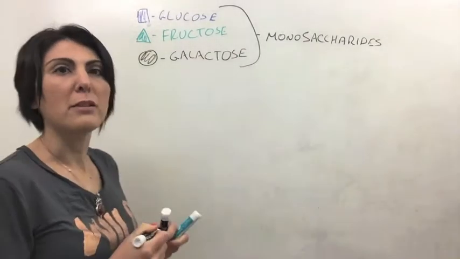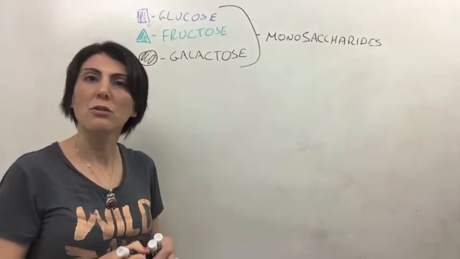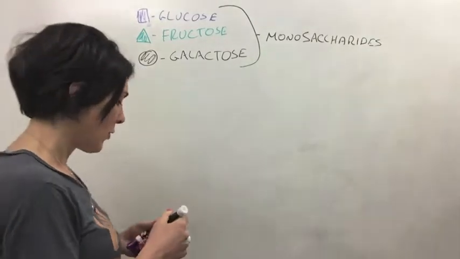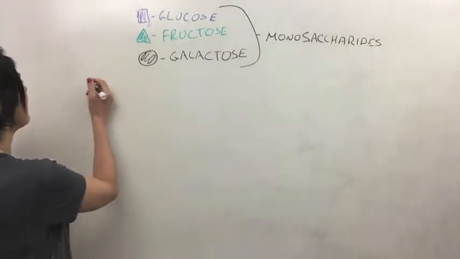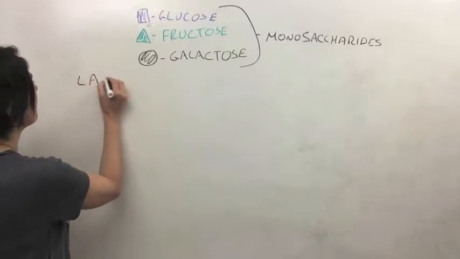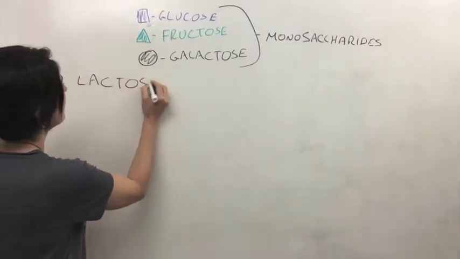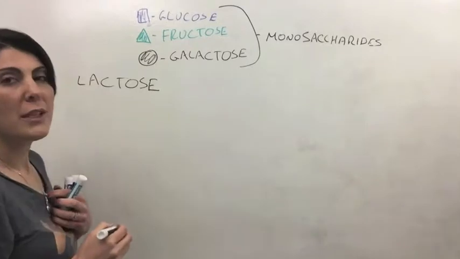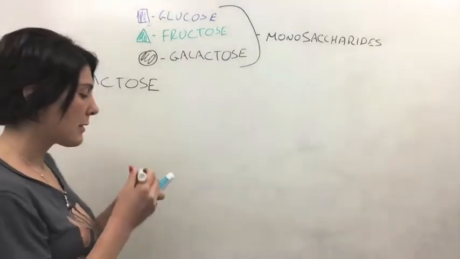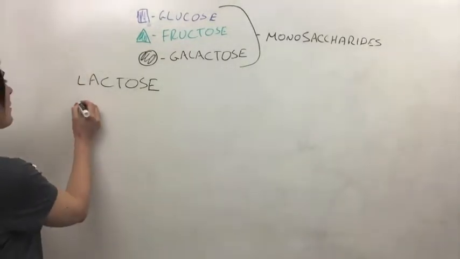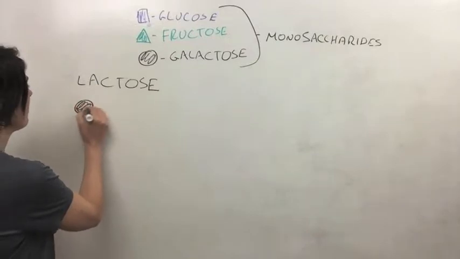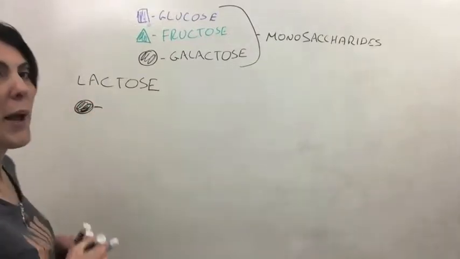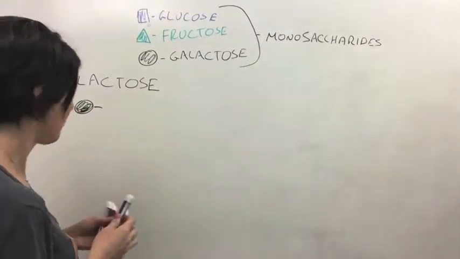Di means 2, saccharide sugar, so 2 sugar molecules. So we have lactose, which is found in milk and dairy products, and it's made of one galactose molecule joined to a glucose molecule.